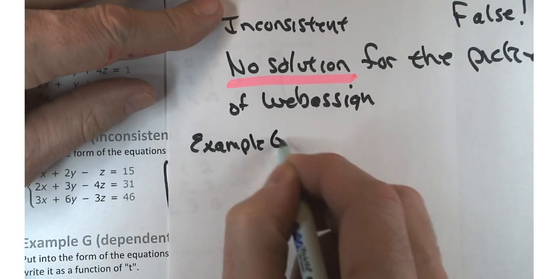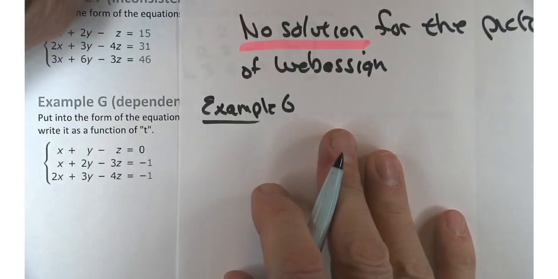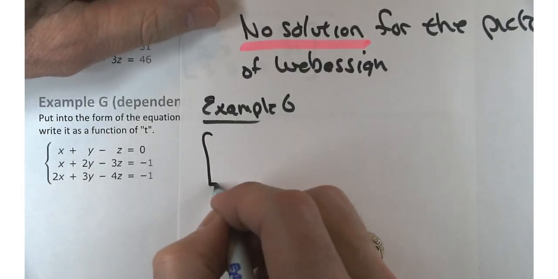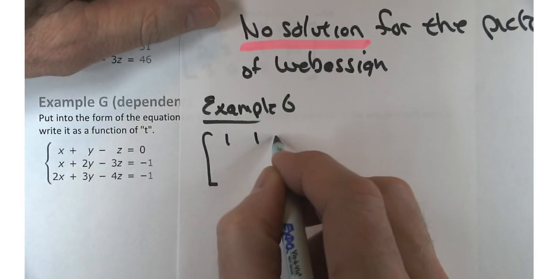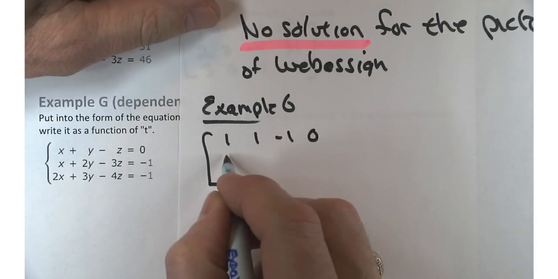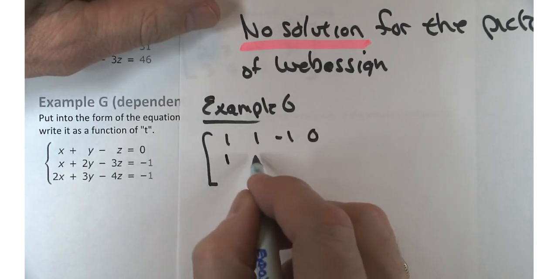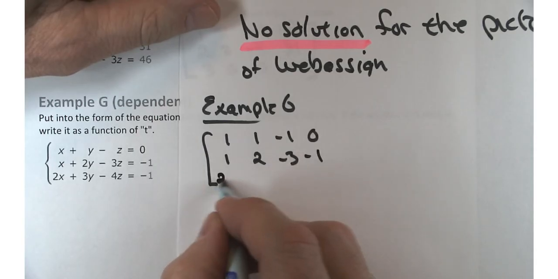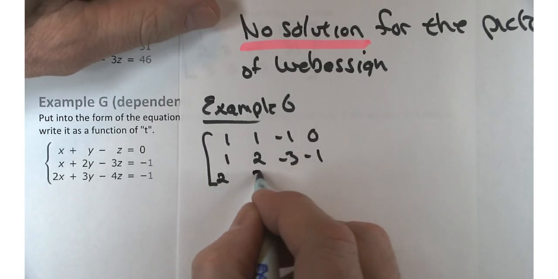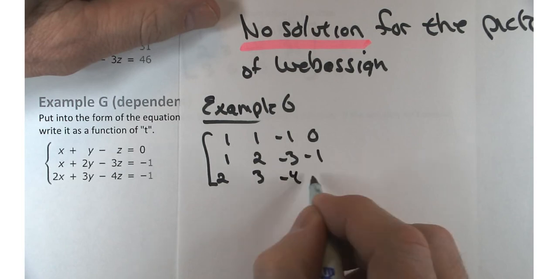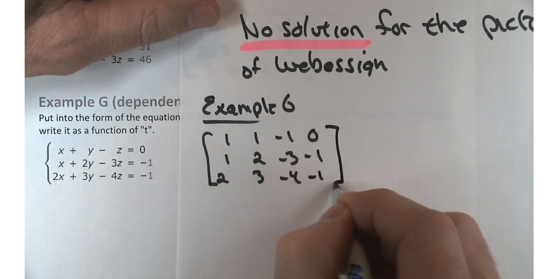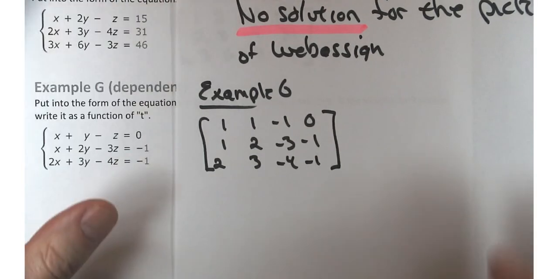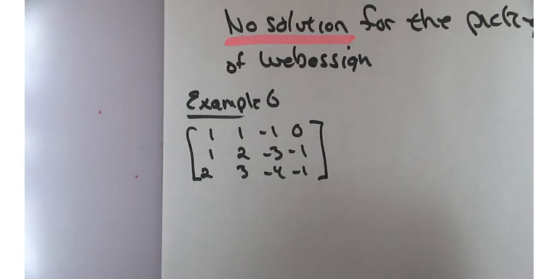Example G. So in this case, it's going to be 1, 1, negative 1, 0, 1, 2, negative 3, negative 1, and 2, 3, negative 4, and negative 1. There's our augmented matrix. We'll start by plugging that in.